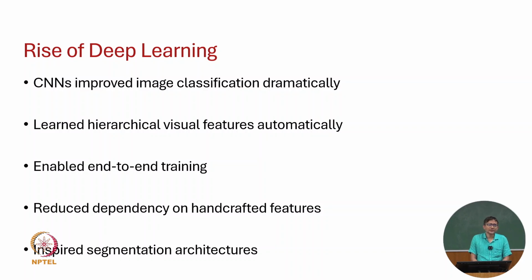This enabled end-to-end training and reduced dependency on handcrafted features. The CNNs for image classification eventually inspired CNNs tailored for semantic segmentation. We will slowly start unfolding towards that direction.